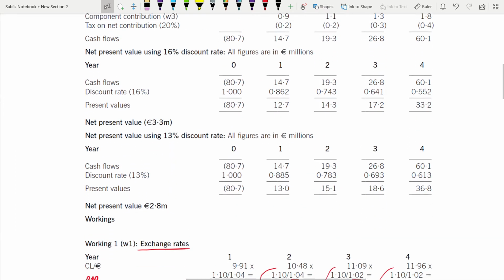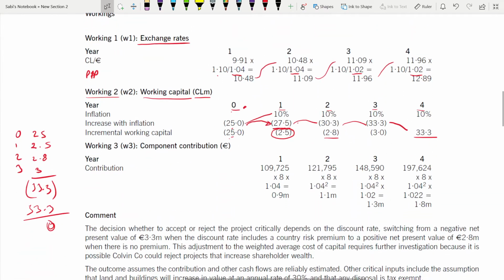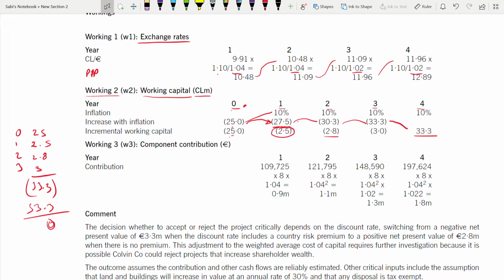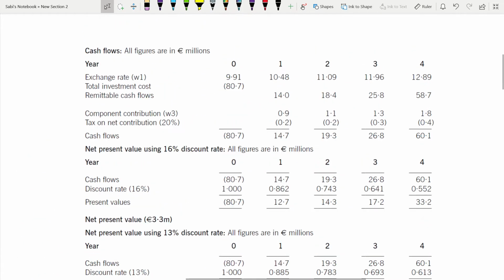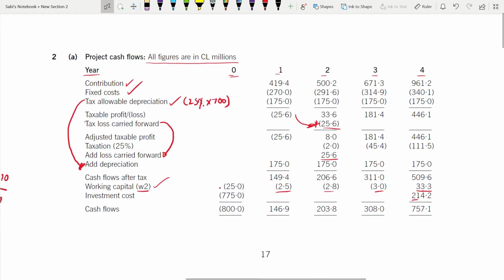If you see here, there is no working for it. Some additional working we have, but that is when you convert it into euro. But from CL's point of view, this investment cost is only remaining 214.2. How did we get it?